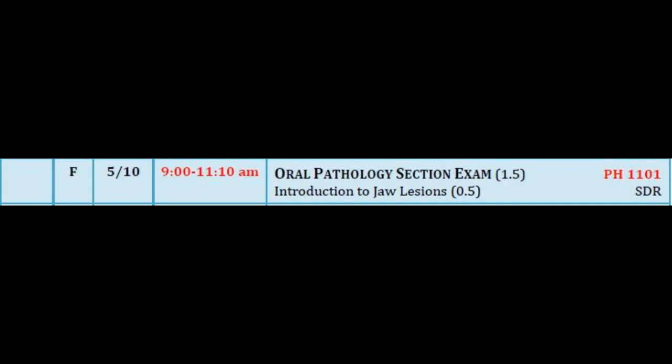Now, we have a lecture next week on cysts that are in the jaws, and so that'll be more clear when we talk about it. But you've also had soft tissue cysts. So what soft tissue cysts did we talk about? They all were a collection of fluid surrounded by an epithelial lining. They're soft tissue cysts, like thyroglossal duct cyst or branchial cleft cyst or nasolabial cyst.